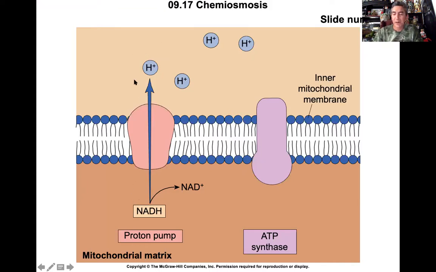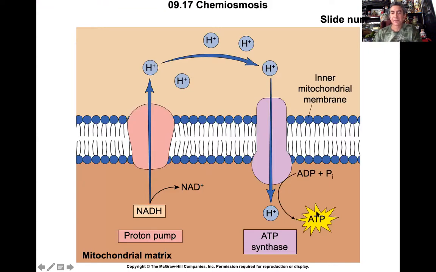We build up our gradient of hydrogens, and then they're going to diffuse back through this ATP synthase enzyme to help generate then ATP. So again, it's not that super difficult. It's just a lot of things to remember. It's very tedious, right? Step by step by step by step.